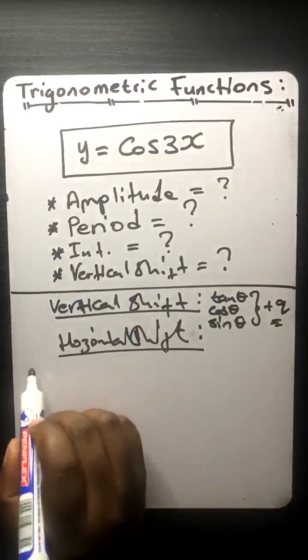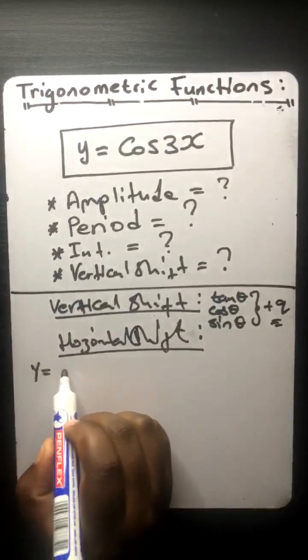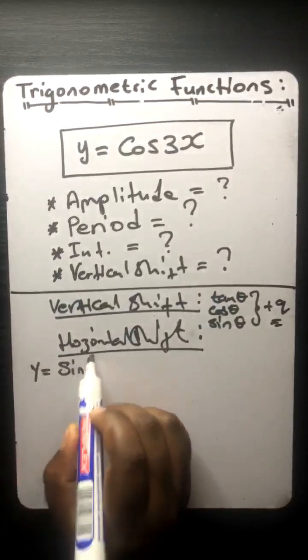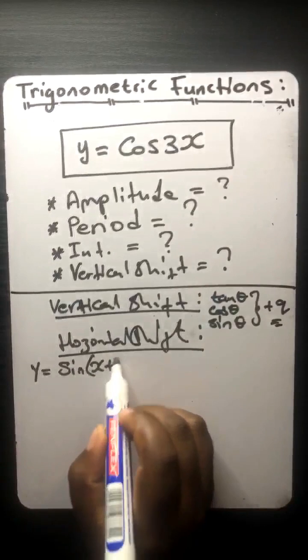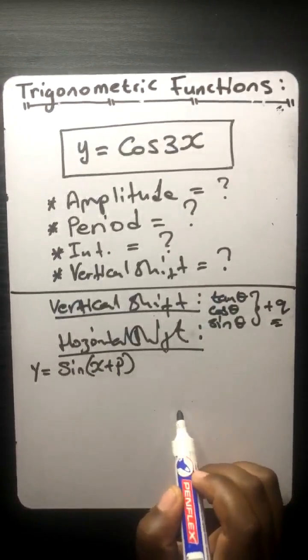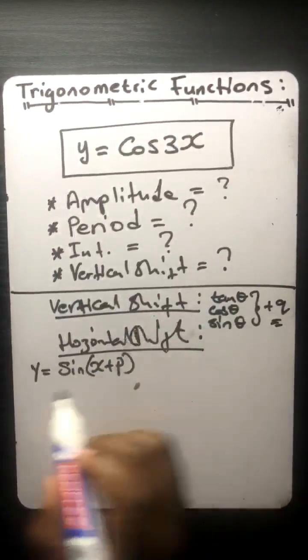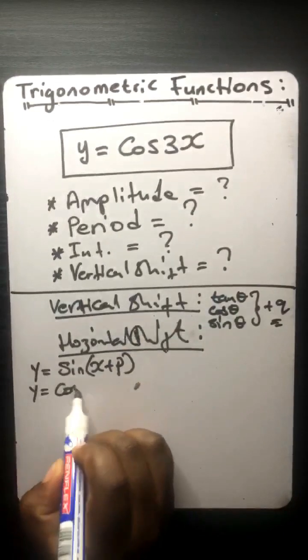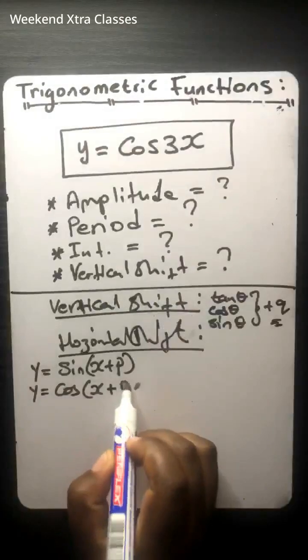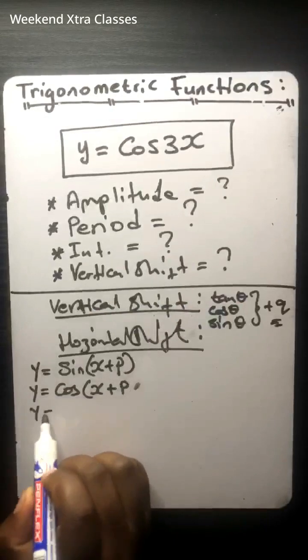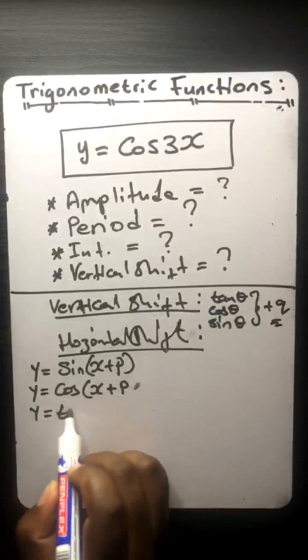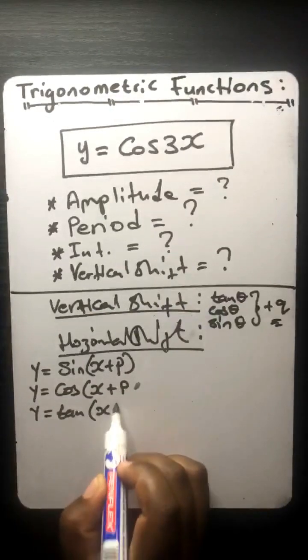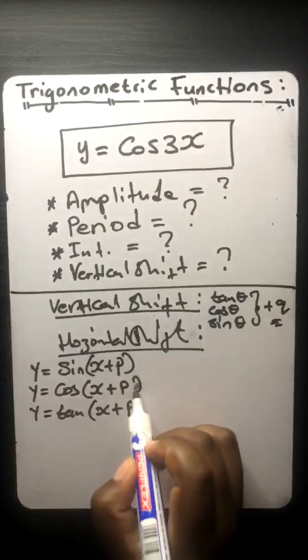You can have a function y equals sine of x plus p, or y equals cos of a plus p, or otherwise for tan, y equals tan of a plus p.